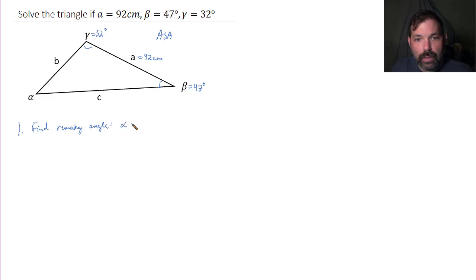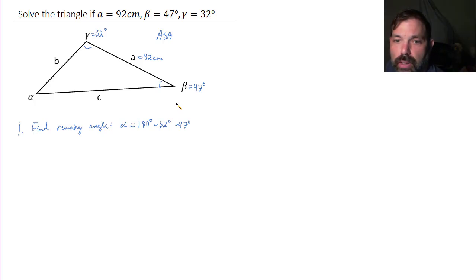Alpha is 180 degrees, subtract 32 degrees, subtract 47 degrees. I'll go ahead and calculate this on a calculator. 180 subtract 32, subtract 47, that's 101 degrees. Alpha is 101 degrees.